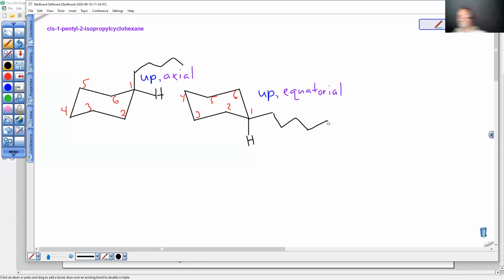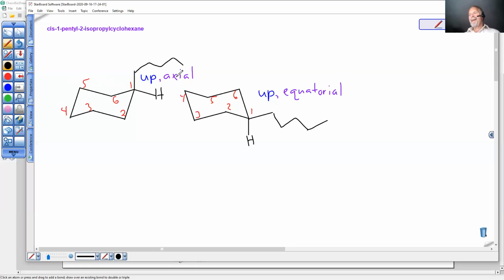So I've got my pentyl on 1, and isopropyl has to go on 2. Now, which of these words do you think refers to cis or trans? Is it the upward or the axial word? And we didn't need to know axial versus equatorial the other day to do cis and trans.